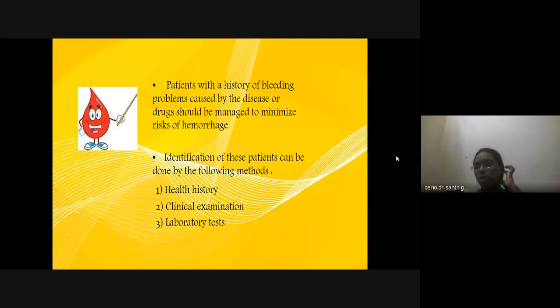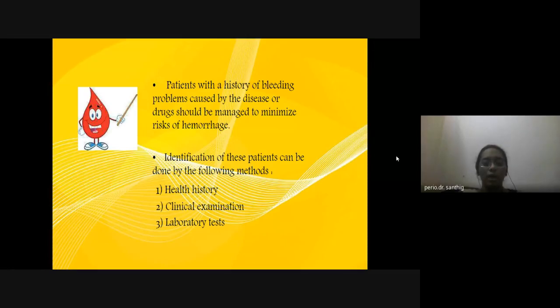Any previous history where the patient has undergone a procedure and suffered post-hemorrhagic situations, or has been identified with any hematological disorders, or the usage of some drugs, can lead to these disorders. By asking the proper history of the patient, we can identify the bleeding problems.